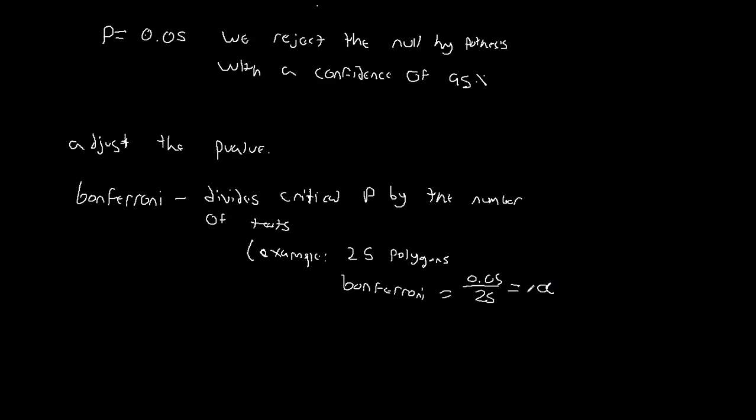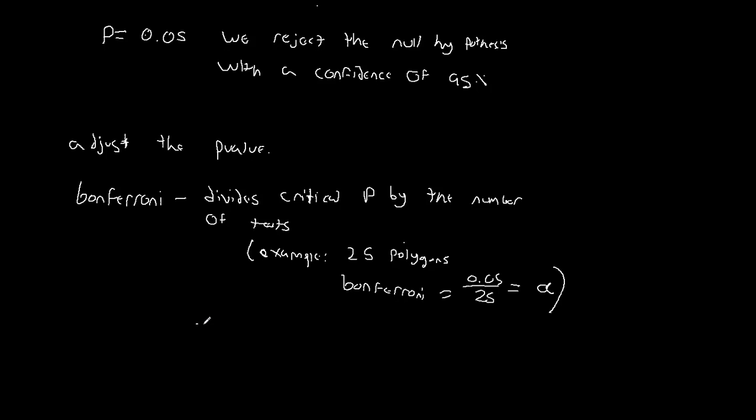Whatever you get, that is the new critical threshold that you're going to use to determine whether or not you reject the null hypothesis. You simply take your critical P, so 0.05, and divide it by the number of tests you're running, which is the number of polygons that you have, and that's your new critical threshold. Really simple. It's widely used.